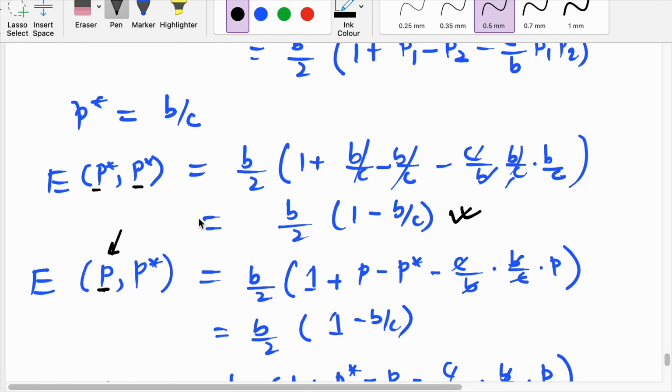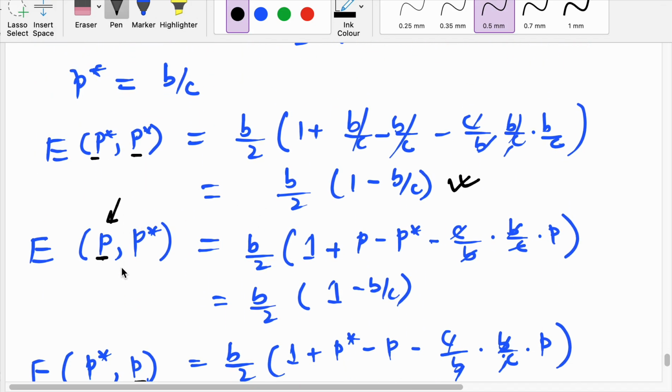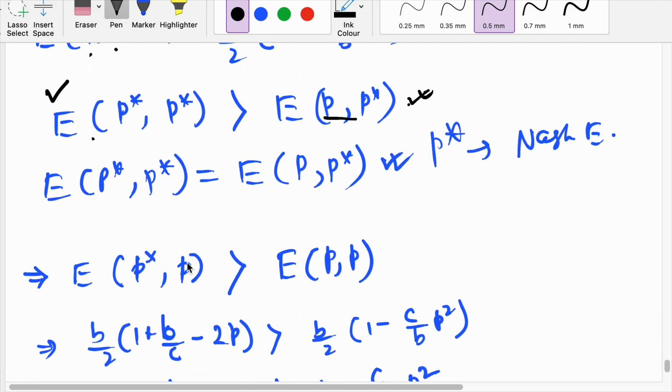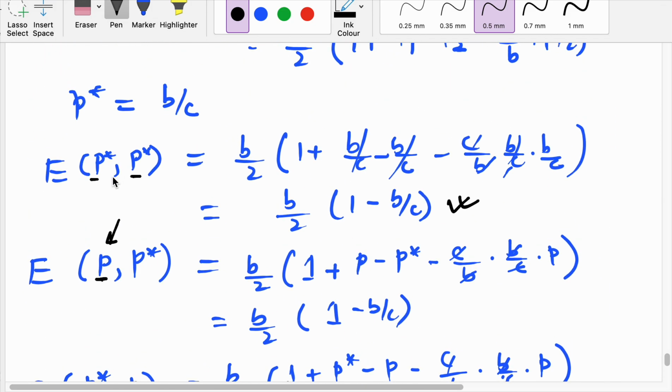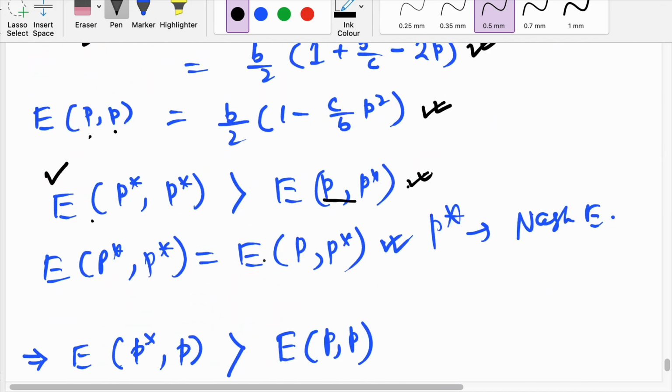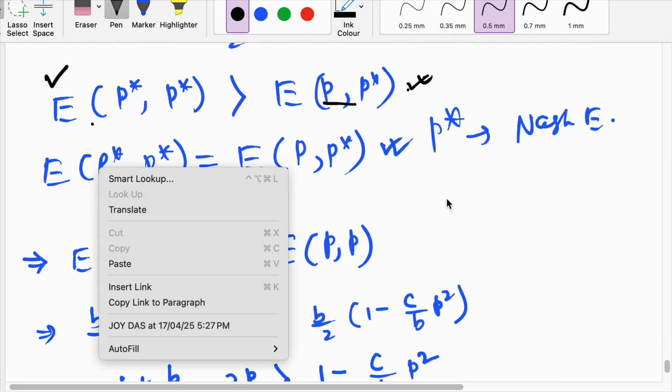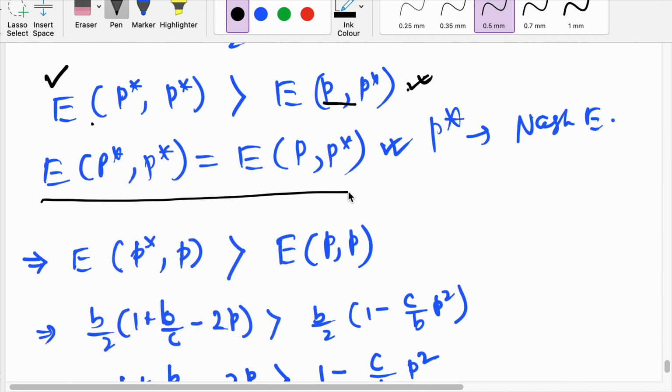But we find that these two are equal. Since these two are equal, it is not satisfying the first condition of the ESS, but it is satisfying the condition of the Nash equilibrium. So this mixed equilibrium, p star equal to b by c, is a Nash equilibrium.